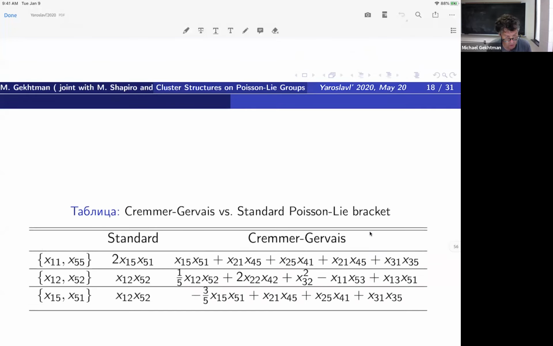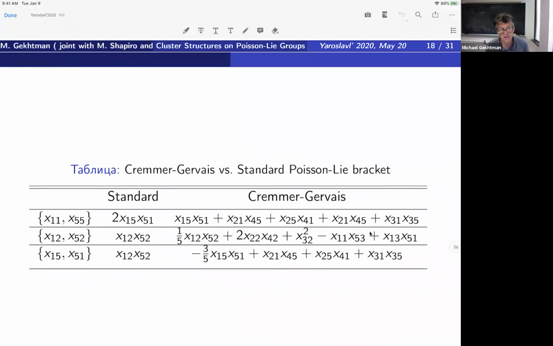Just to show you how unusual the statement is, here's a comparison of how this Poisson bracket looks compared with the standard one. I just picked three matrix entries at random. This table shows how the Poisson bracket looks for the standard case and for the Kramer-Gervais case. It's quite a complicated quadratic structure, but still there is a family of functions that make this Poisson bracket log canonical.